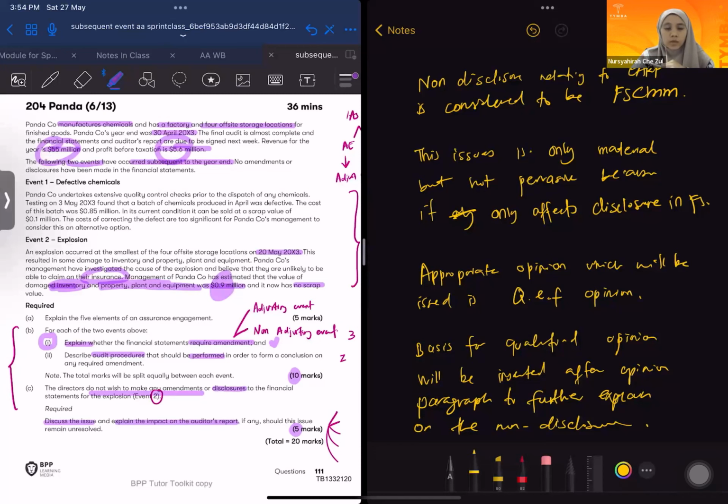For ethics, there are only 5 threats: self-interest, self-review, advocacy, familiarity, and intimidation. Make sure you familiarize yourself with, if this is the issue, what are the common ethical threats to independence. If ethics comes out in section B, make sure you explain well why there is self-review or self-interest.